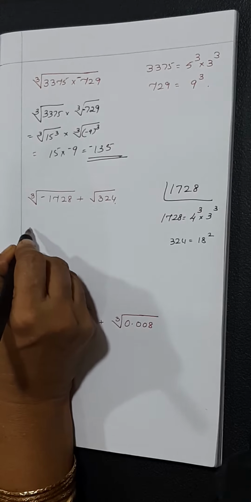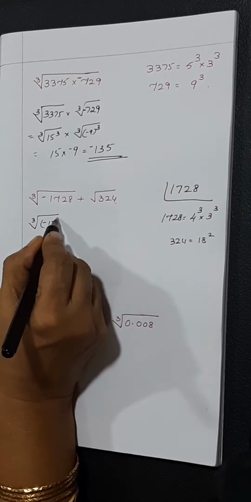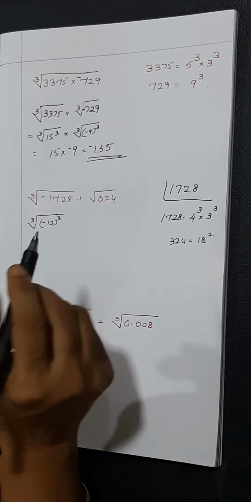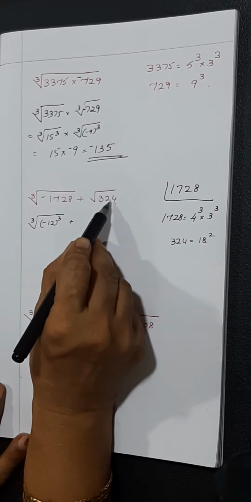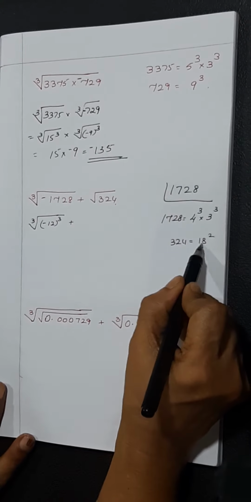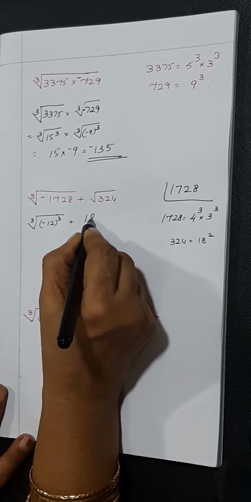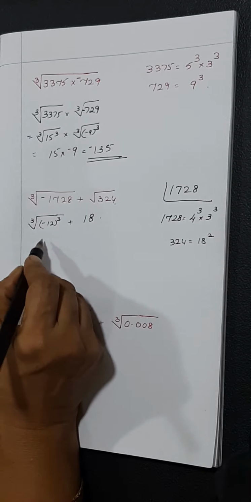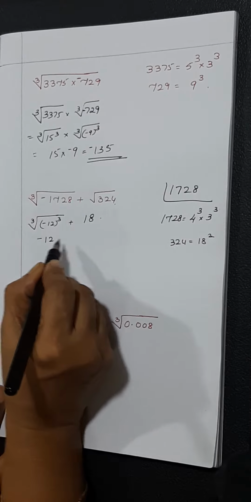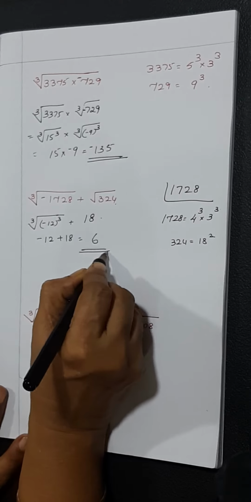So you can write this as cube root of minus 12 the whole cube, plus this is root, it is not cube root, it is only root 324. So 324 is 18 squared, so the square root of 324 will become 18. Now your answer will be minus 12 plus 18. This answer is 6.